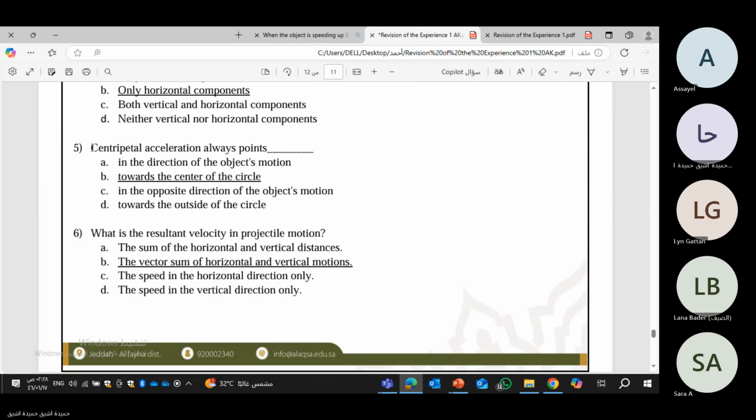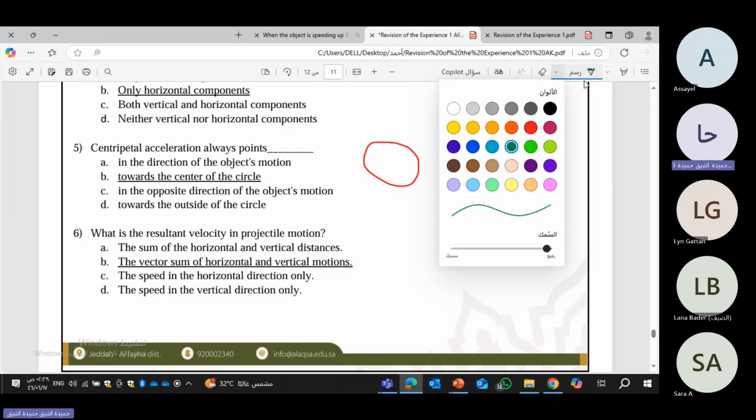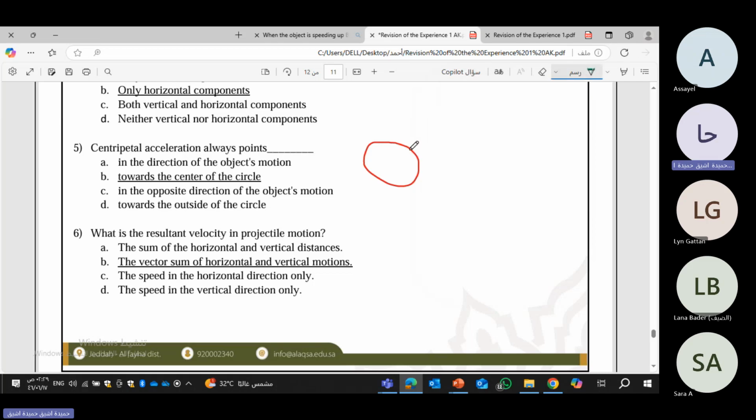Okay. Centripetal acceleration always points toward what? Girls, you have to know, this is circular motion. Actually, the acceleration is always toward the center. What about velocity? Is it toward the center?